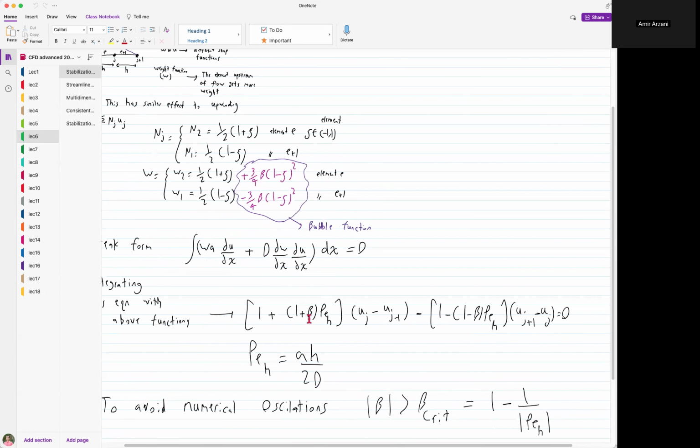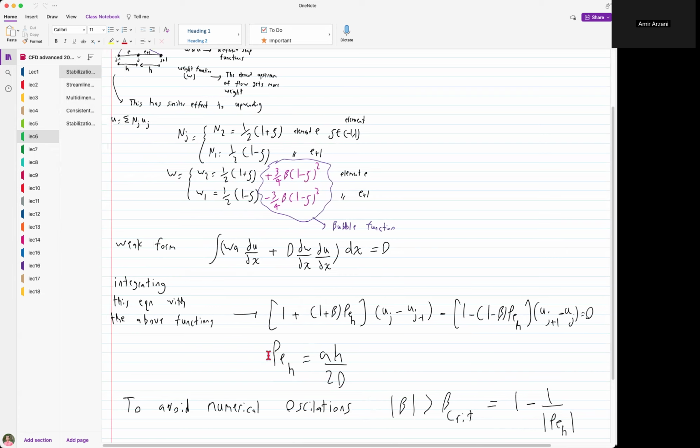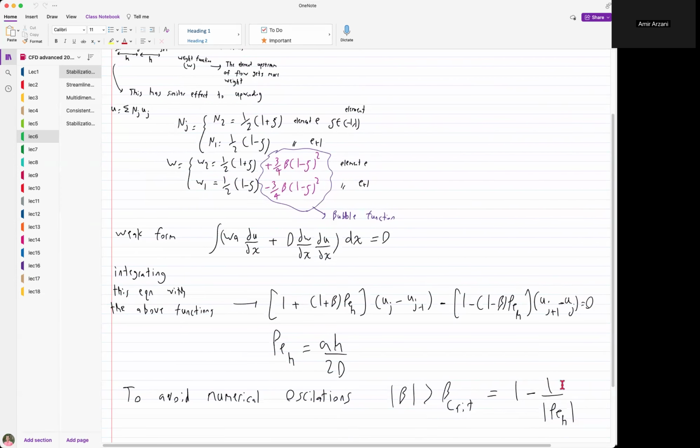And this parameter beta that you're looking at, this beta controls how much more weight you put on the upstream element. So it's a free parameter. And it turns out that in this specific one-dimensional test case, if you want to avoid numerical oscillation, the beta value that you choose has to be greater than a certain critical value given by this formula, which depends on the grid Peclet number.